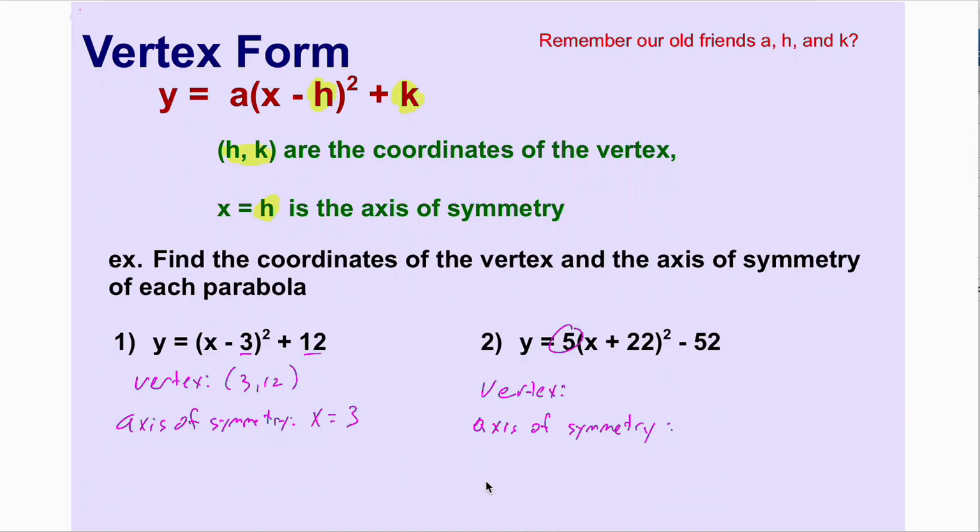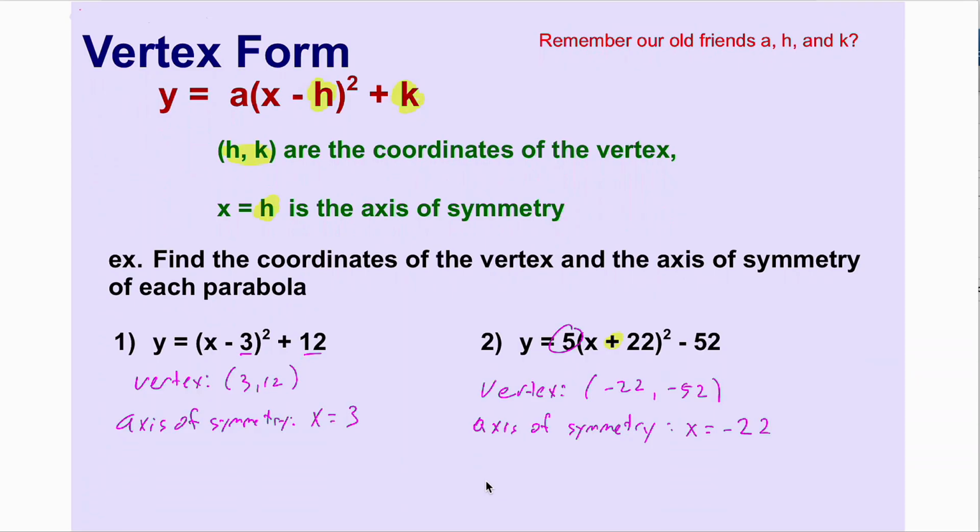The vertex is at negative 22, negative 52. Do notice that plus sign here when we're expecting it to be x minus h. When there's a plus sign in there, that means the h itself must be negative. And so the axis of symmetry is also at x equals negative 22.